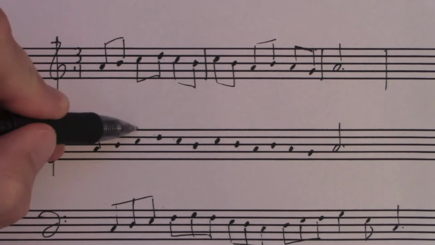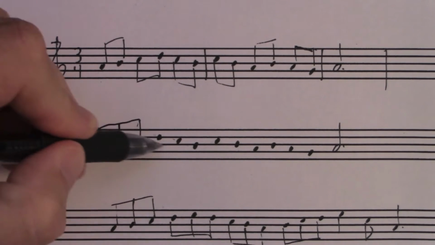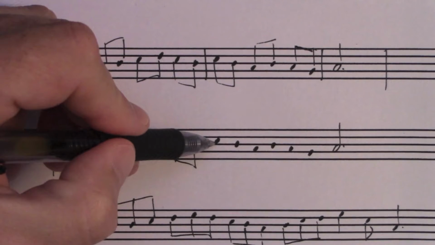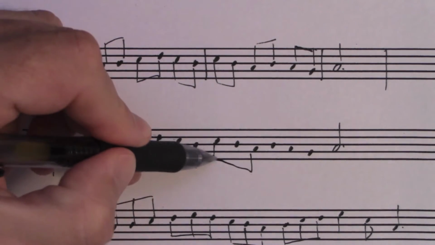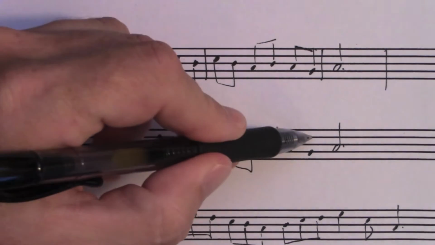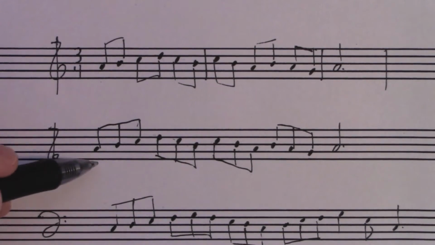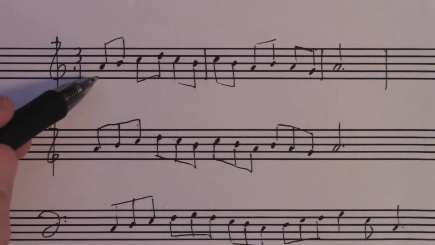Watch this. I am now grouping the eighth notes in threes, not twos. So now, if I put a little accent at the beginning of each of these groups, we get this. Okay, option 1.